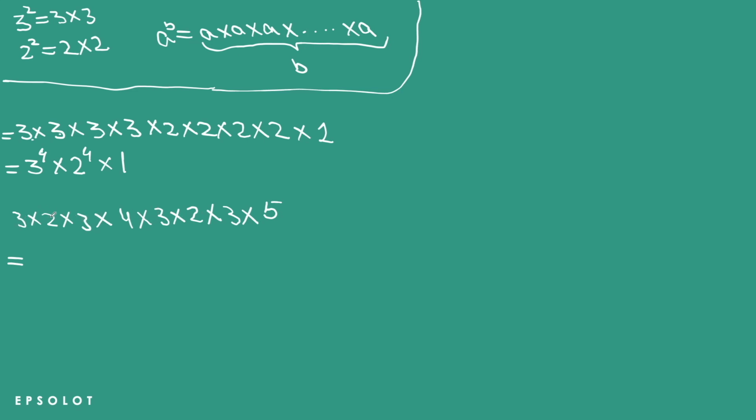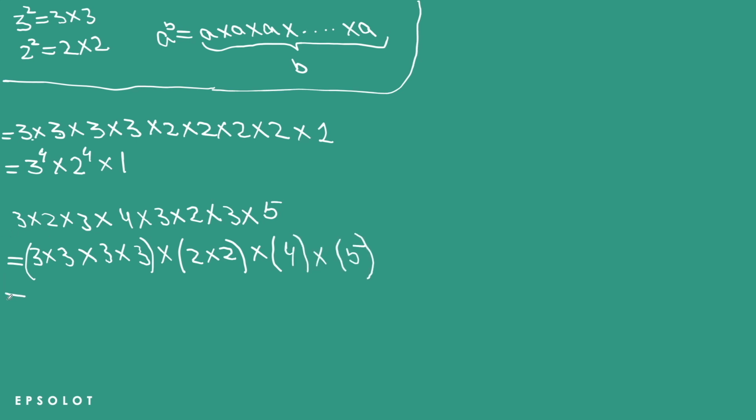So 3 times 2 times 3 is actually the same as writing 3 times 3 times 3 times 3, and then we can put a bracket just to highlight it, times by, how many 2's do we have? We have two 2's, 2 times by 2, and then again multiplied by 4, and then a 5.